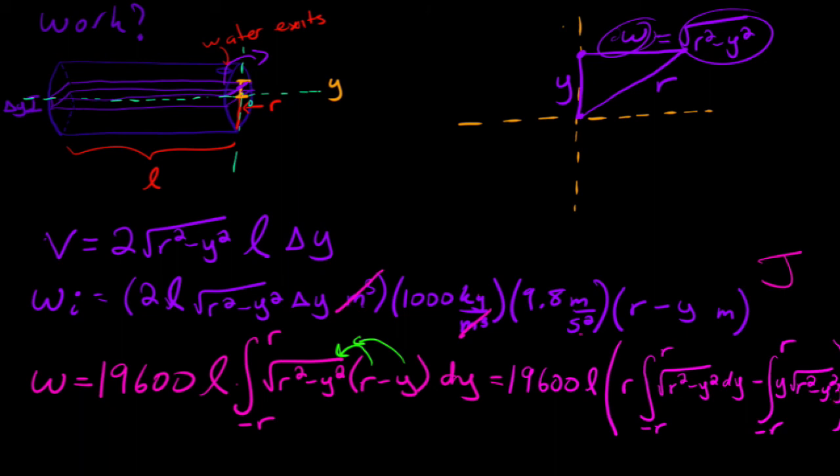Okay, so basically this r is the one that you distributed, and then this y is this one.